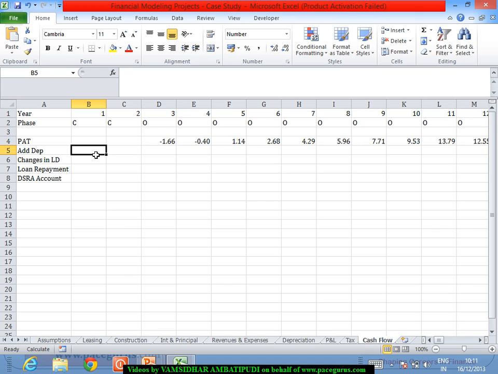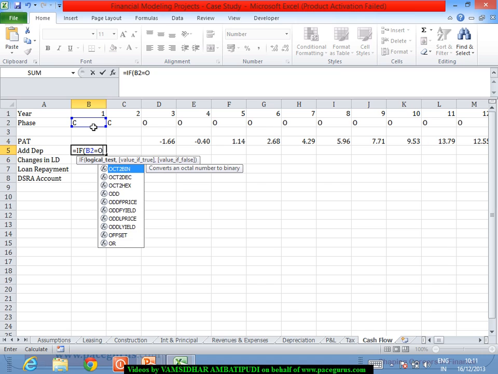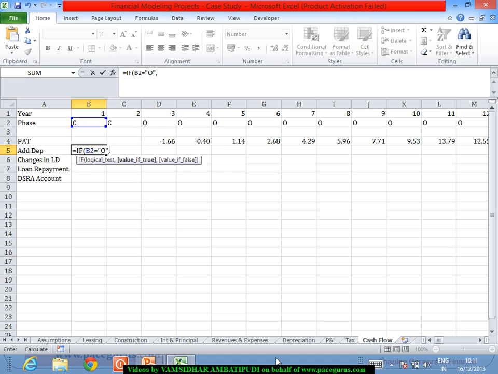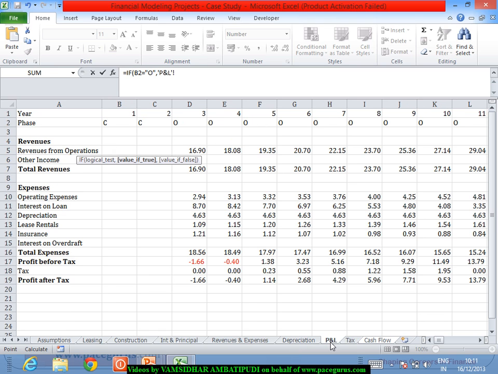We will add back the depreciation, but this depreciation is a straight line depreciation only. So all I can do is, if this is equal to O, I will bring up the straight line depreciation that I have taken as a part of the P&L statement. I am adding it back.